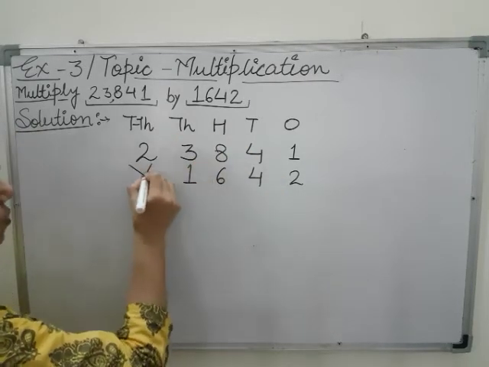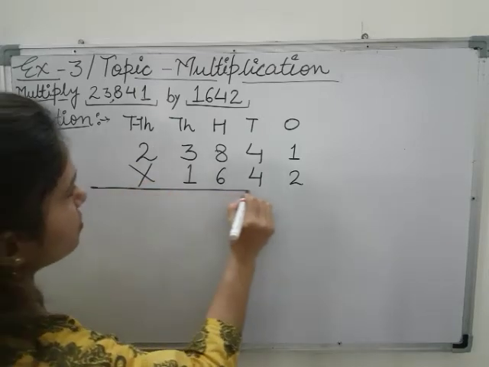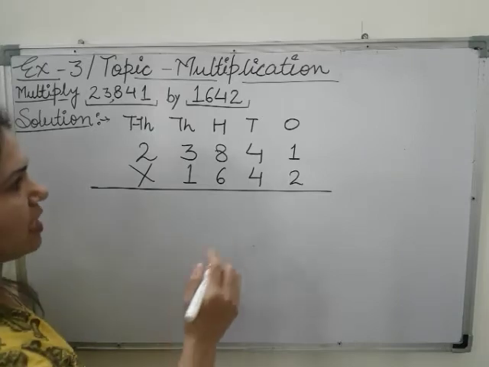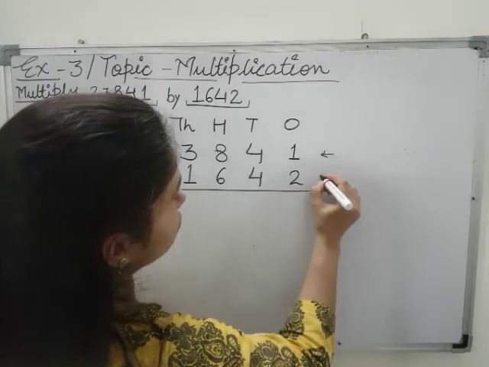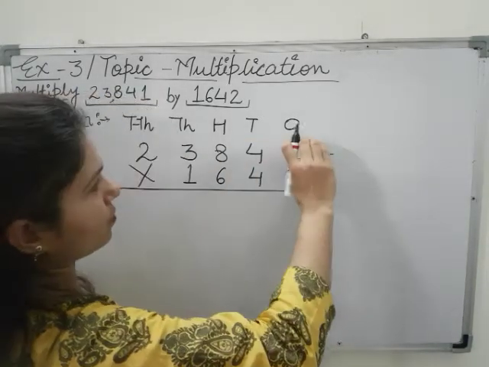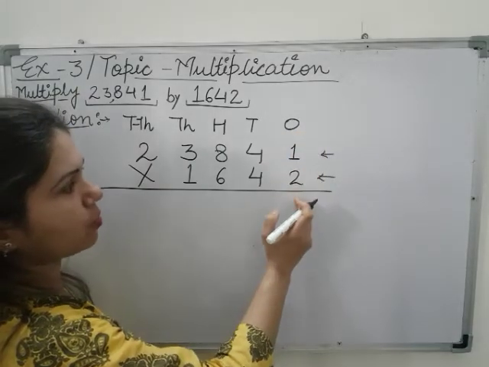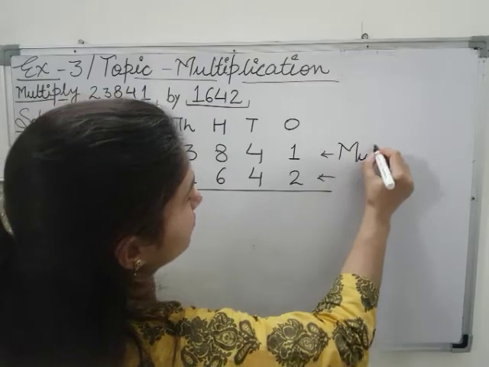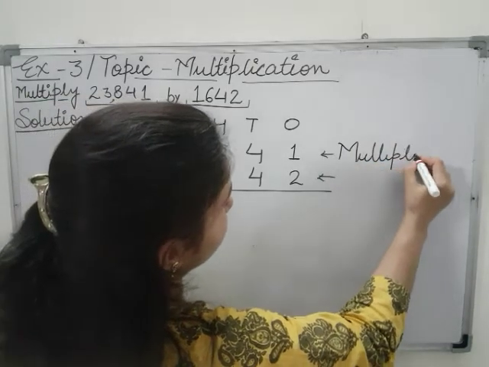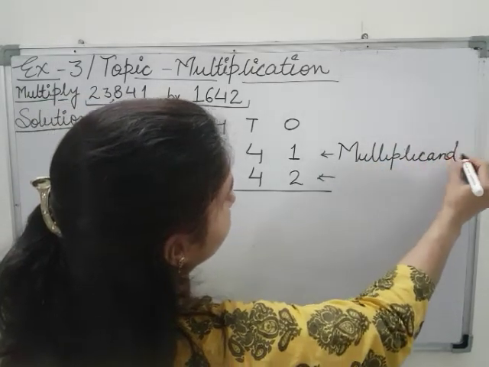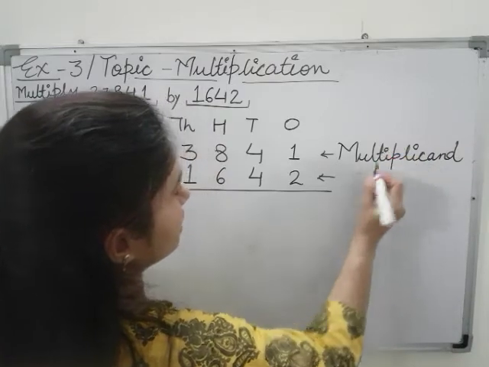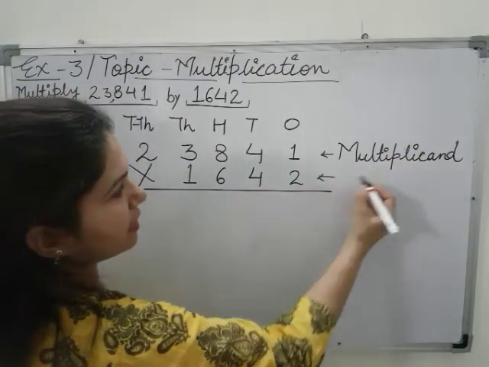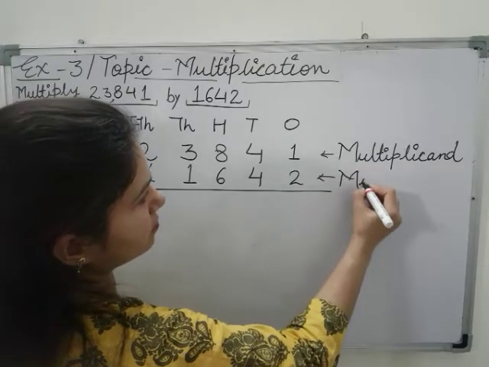And we place one cross, which shows that this is a multiplication sum. Before starting, first we write the names of these two terms. The first term, which is to be multiplied with the multiplier, is known as the multiplicand. And the second term, by which we multiply the multiplicand, is the multiplier.